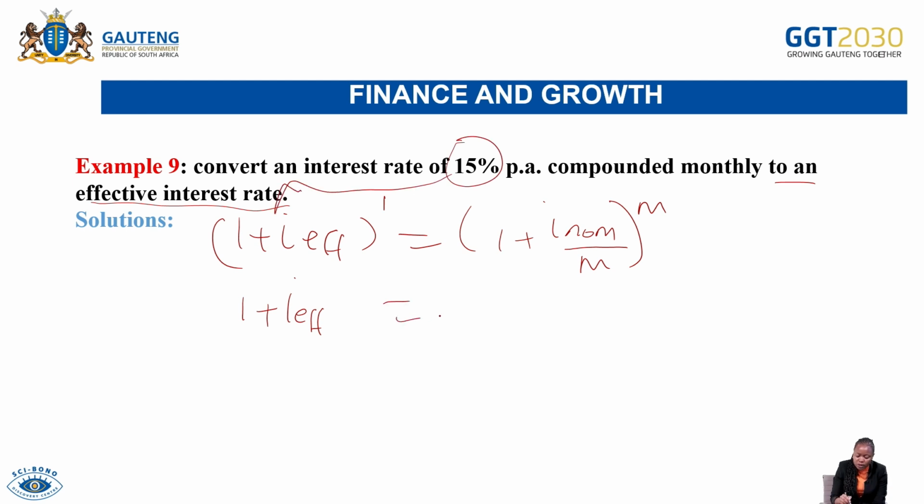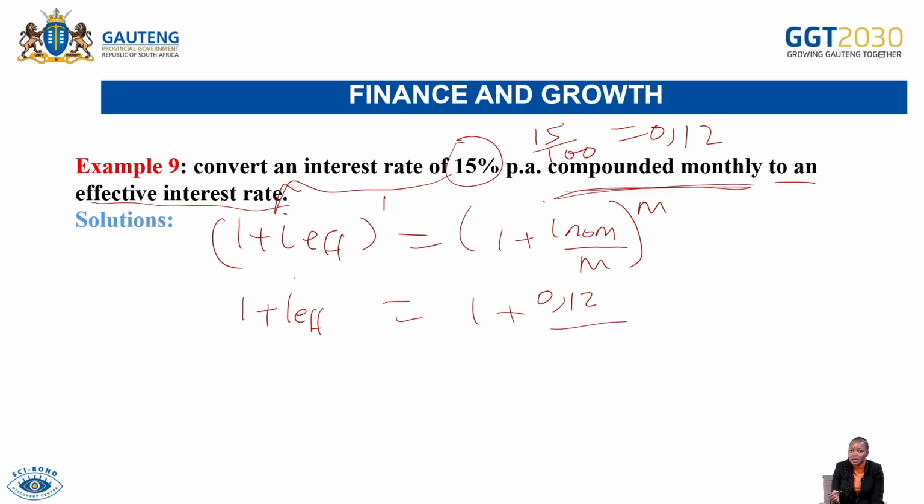The i nominal is going to be 15%, but I can't substitute 15% as it is, so I divide it by 100. 15 divided by 100 gives 0.15. You divide by monthly. How many months do you have in a year? It is going to be 12. Then the exponent is going to be 12 as well, because it's still your months.